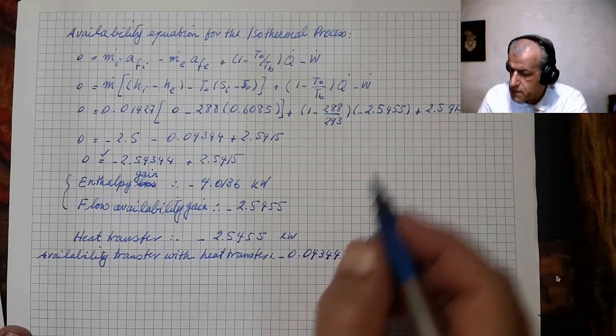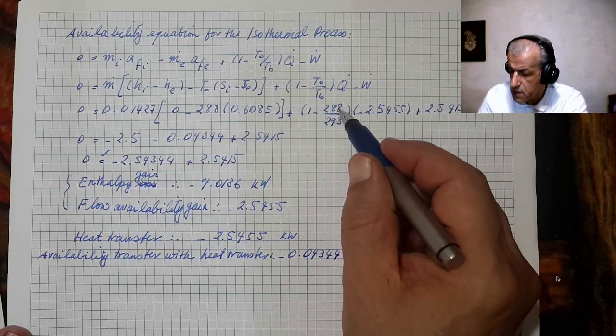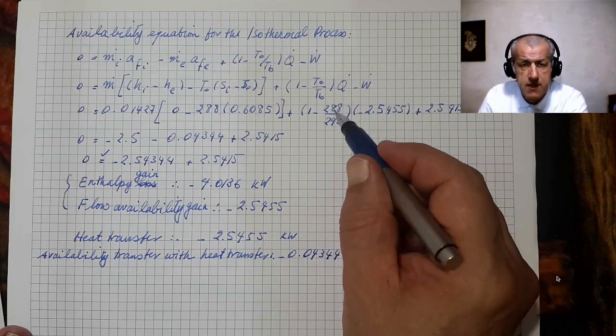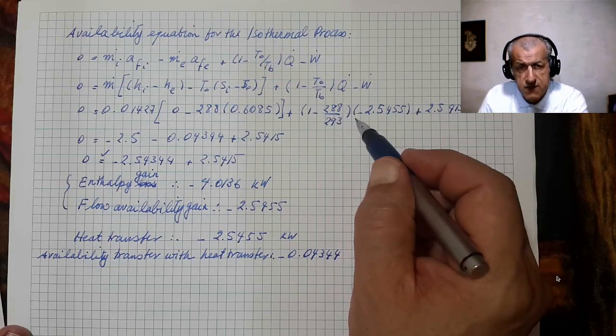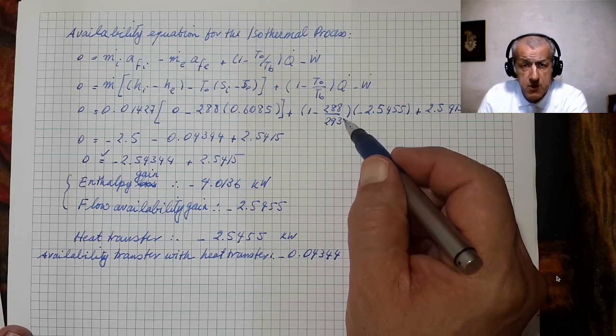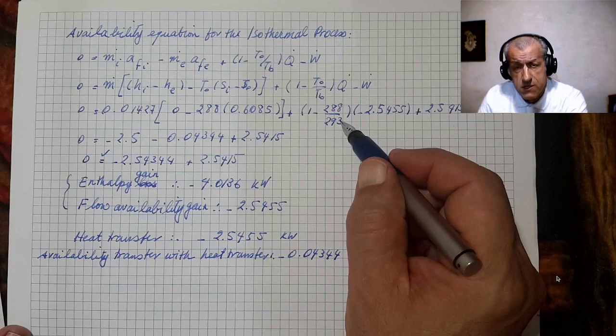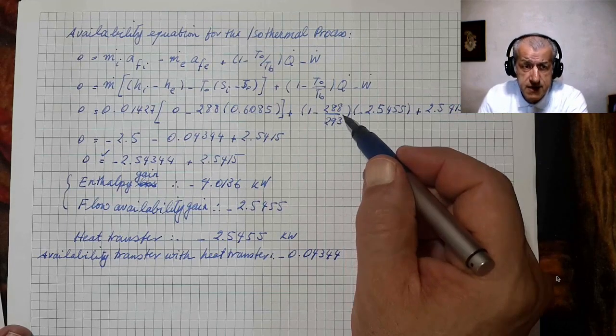You see, since the temperature is not that different, it's isothermal process, and the temperature is very close to ambient, then although heat is transferred, that heat doesn't carry much availability because it's not hot. It's almost at the same temperature as the environment.